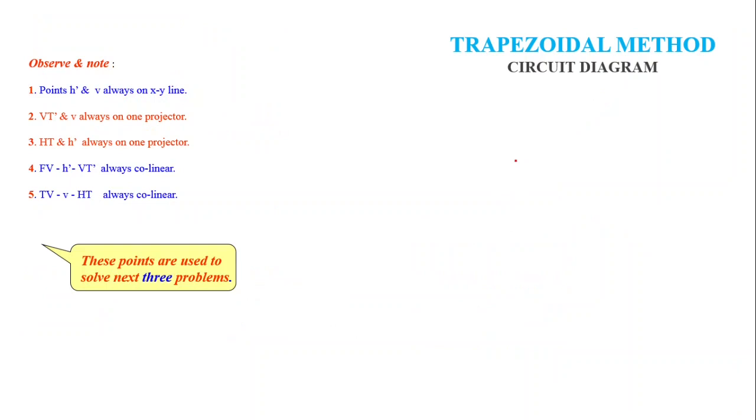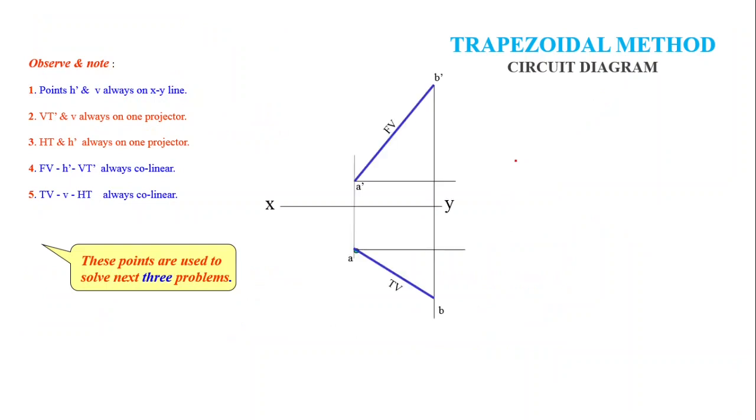And this is the trapezoidal method, and the circuit diagram for the trapezoidal method. Here we have already found out vertical trace and horizontal trace like this. Next step, we represent this distance of this B dash from the XY line in top view.